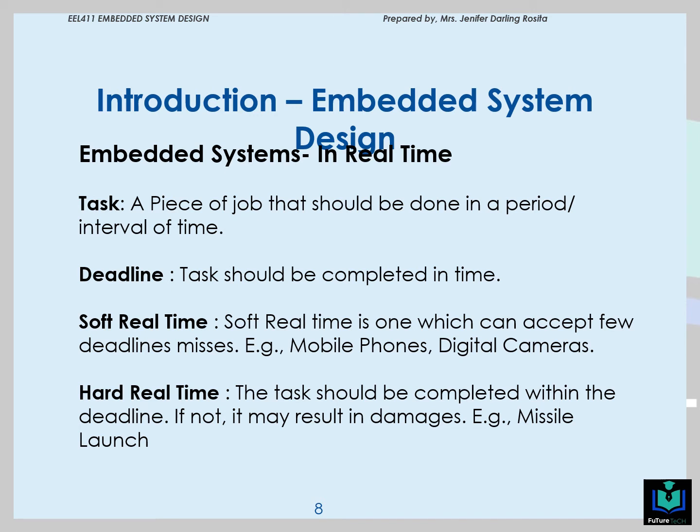If the radiation is exposed too much, what happens? Or if the hard real-time system doesn't meet the proper deadlines, what happens? Damage will happen to human beings. So the task can be soft real-time or it can be hard real-time.